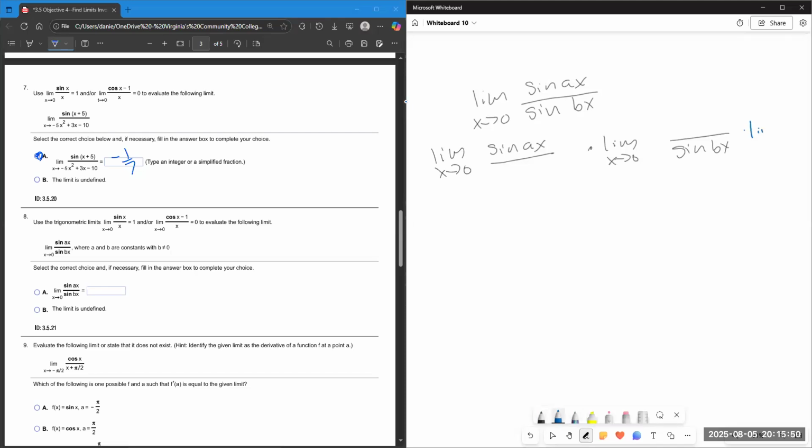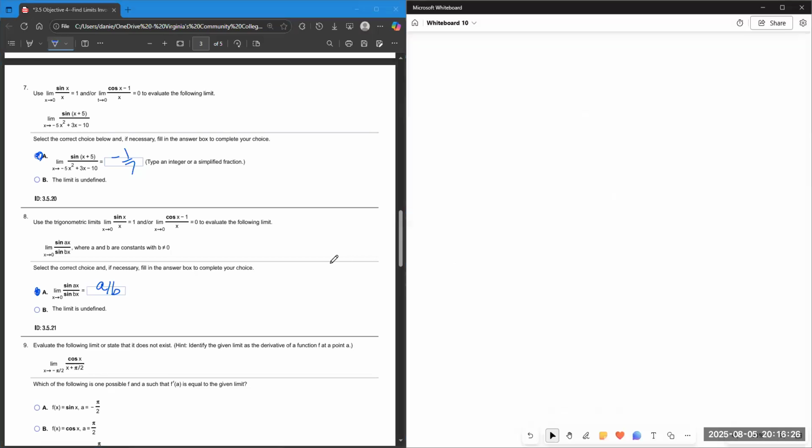We have ax, bx, bx. So this can be 1 times 1. This can be limit as x goes to 0, ax over bx. X's will cancel. It's going to be a over b. We were already told b can't be 0 here, so that's good. It'll be a over b.